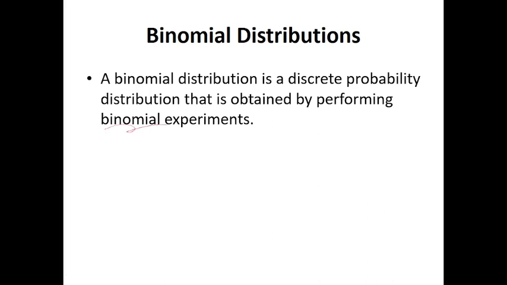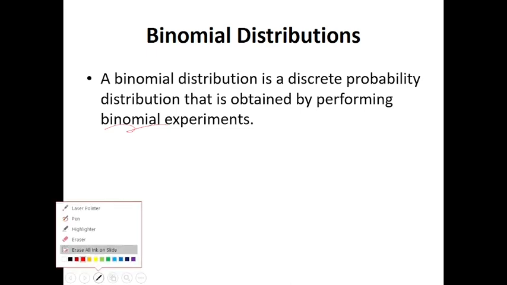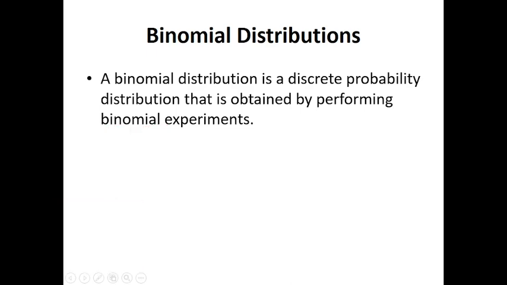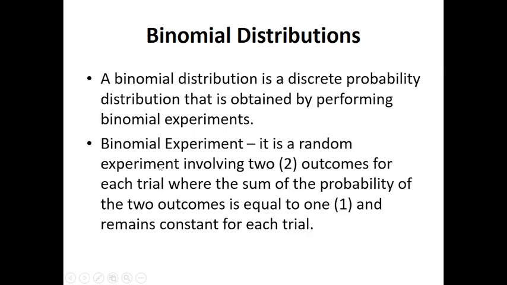In other words, there are only two outcomes in the experiment. That's why it's called binomial. A binomial experiment is a random experiment involving two outcomes.